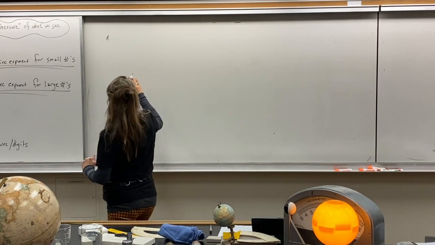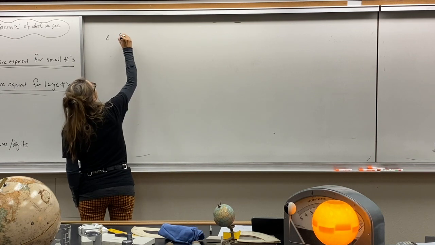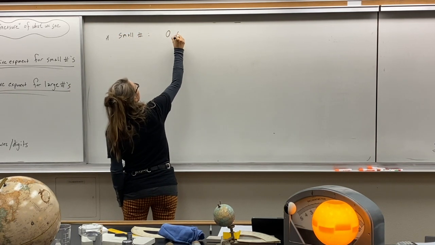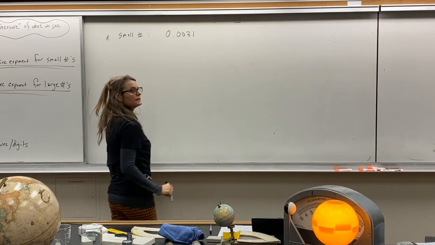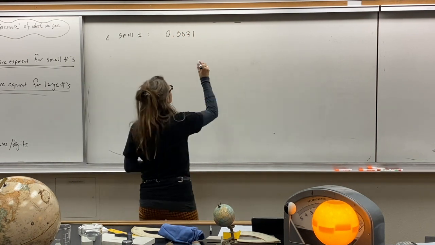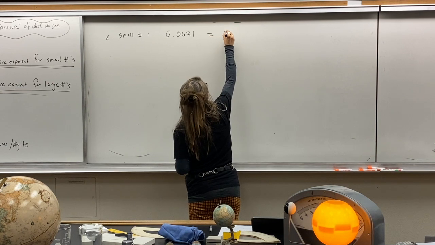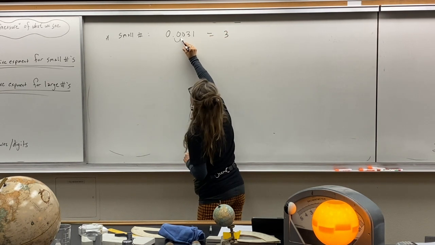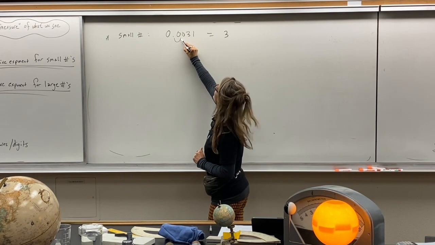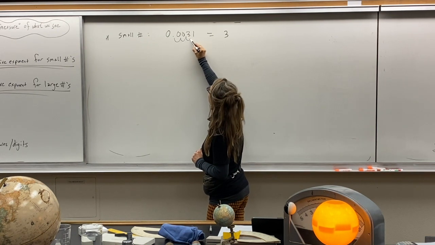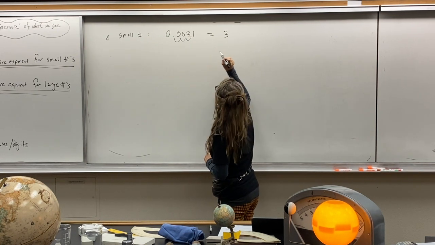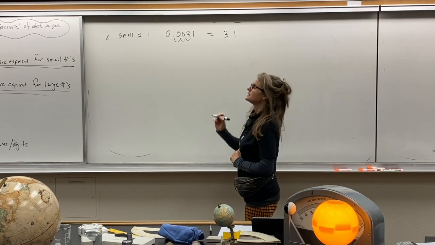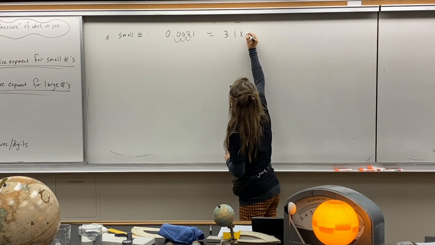Some examples, and there's many, many, many. Let's see, a small number, such as 0.031, we could express in scientific notation as follows. I take my decimal point and I move it to the first non-zero digit and put it behind it. And this is equivalent to saying 3.1 times 10.